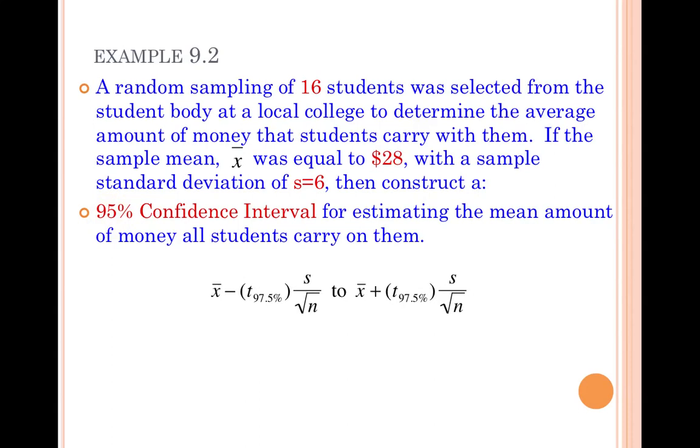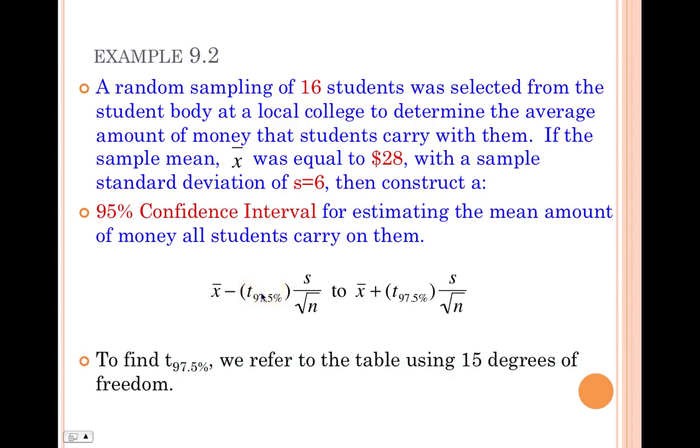So to figure out what X bar is, we know it's 28, S is 6, n is 16, but the thing that we don't know is the t-score, so we have to go to our chart. So if our sample size is 16, then degrees of freedom is 15.